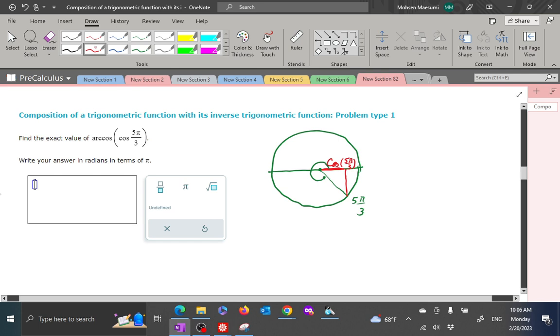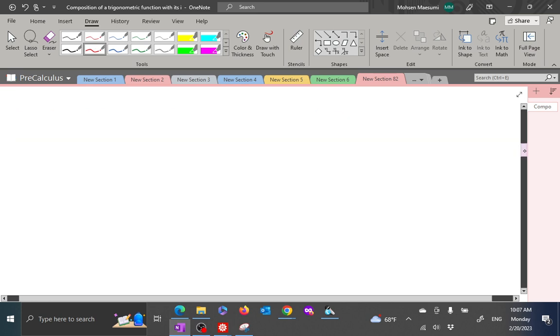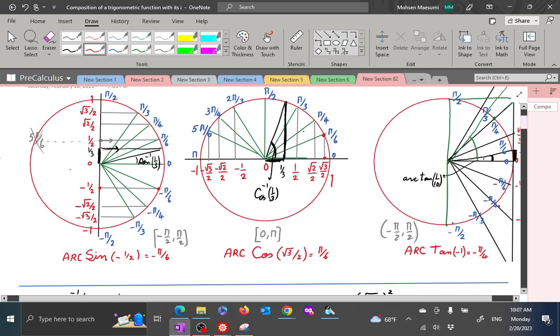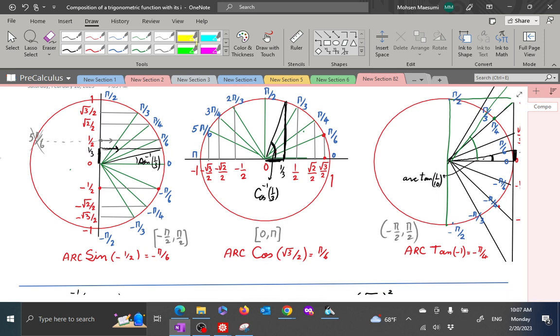Now the question is, find the angle whose cosine is cosine of 5 pi third. Well, there are plenty of such angles. Which one of them do you want? And that is what we had here, that if you are dealing with cosine, you want to give your answer in quadrant 1 or 2. Whatever you give as the final answer for arccosine always ends up being somewhere in quadrant 1 or 2.